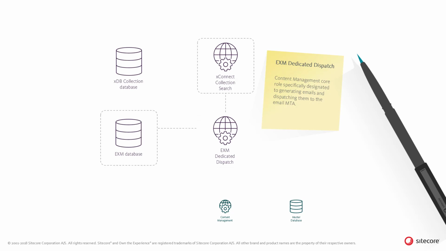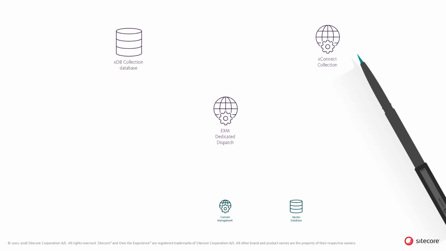Now contacts are read in the EXM database in batches by the dispatch roles, and the batched contacts are loaded from the XConnect collection search service. The dispatch role now renders the email to be sent by sending an HTTP request and generating a page through the Sitecore rendering engine.